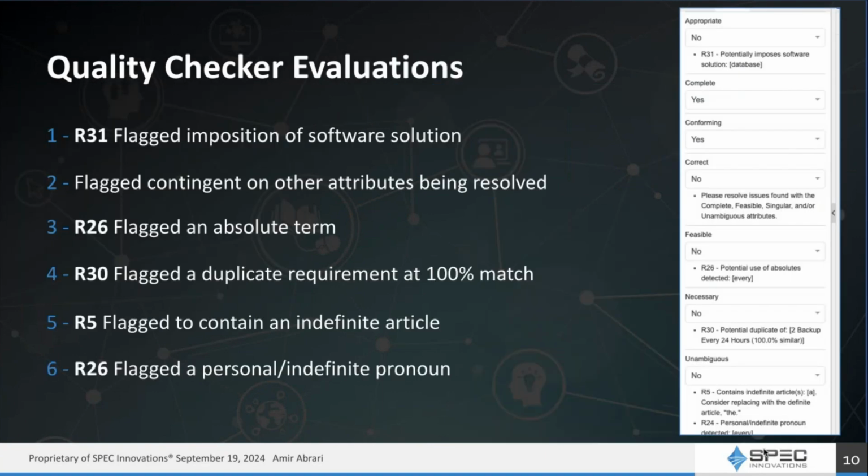So this is an example of our attributes tab on one certain requirement. We will go over this one by one. For our first step, we have appropriate flagged as no, and R31 flagged an imposition of a software solution. The keyword database possibly imposes a software solution, and that's something that we flagged.